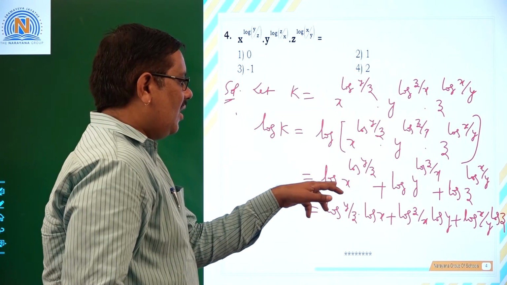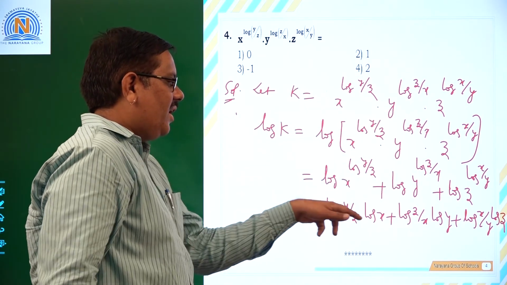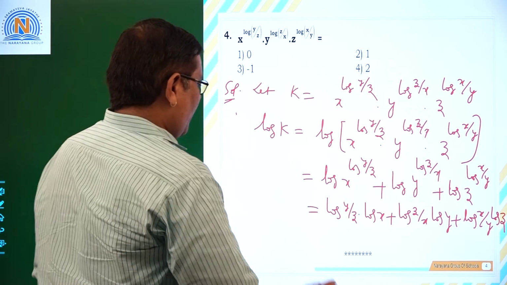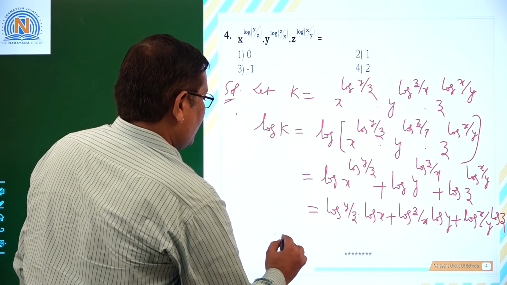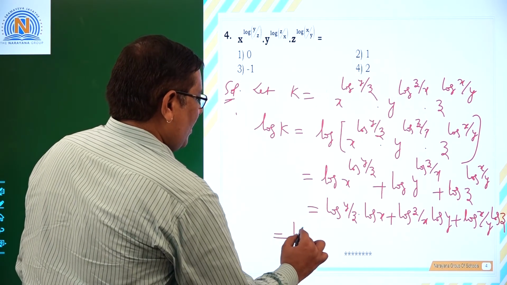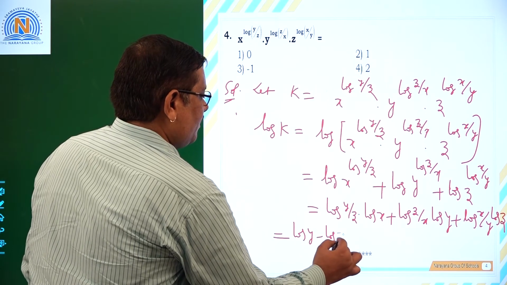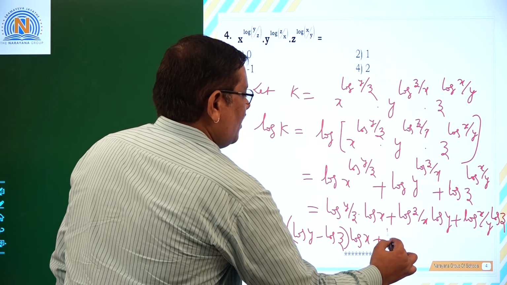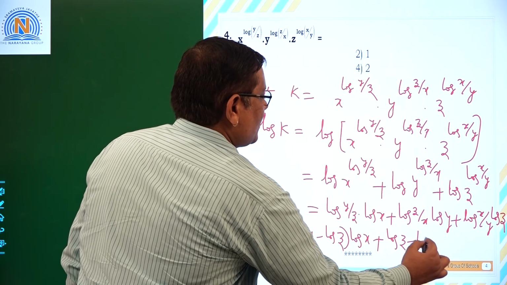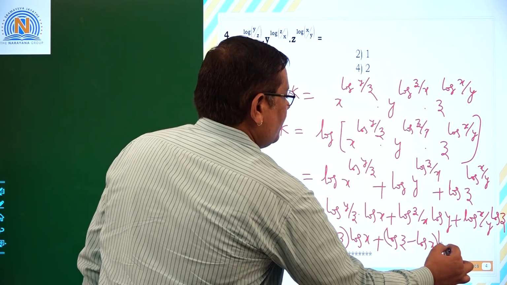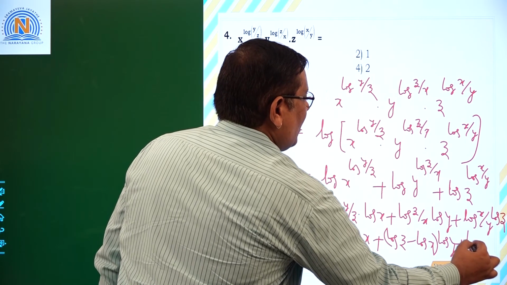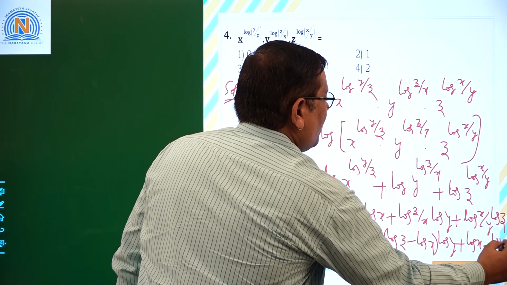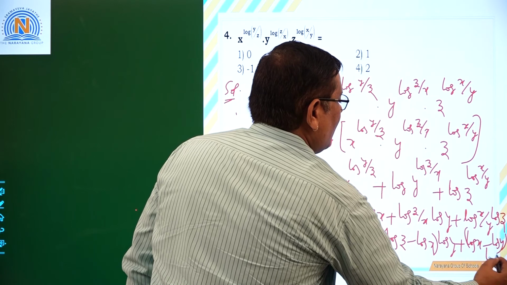Power rule: log a power m is m log a. That is otherwise, log m by n is log m minus log n, so we get log y minus log z times log x, plus log z minus log x times log y, plus log x minus log y times log z.